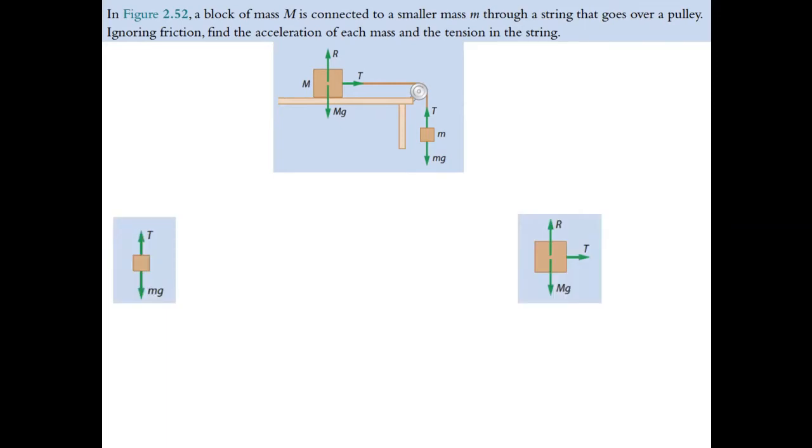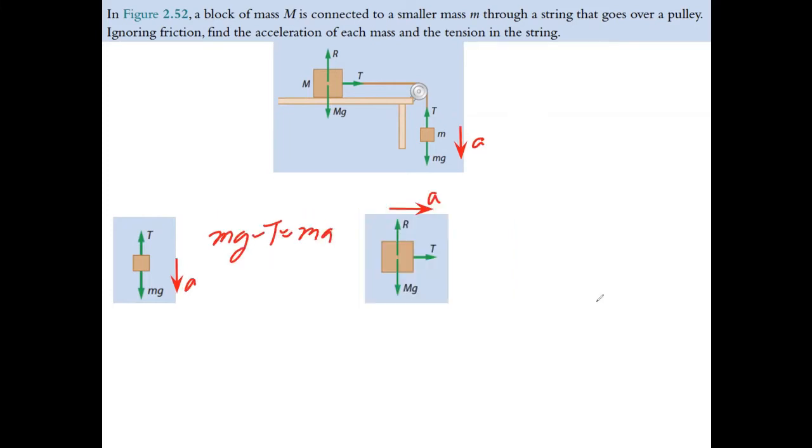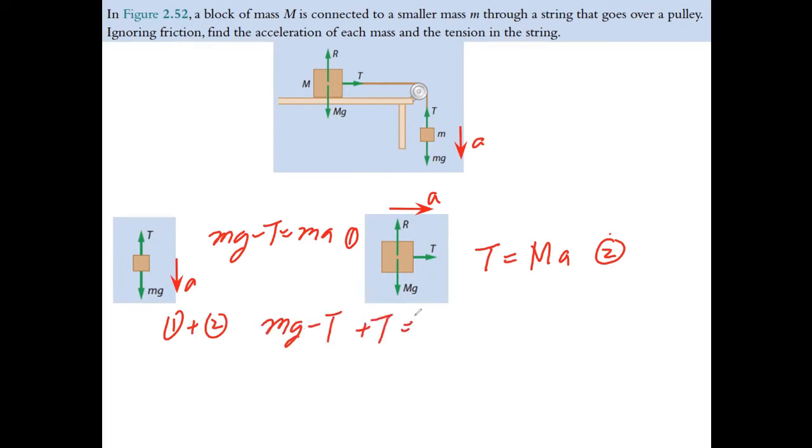The free body diagram shows the forces on the individual masses, taking each mass separately. For the small mass, as it accelerates downward, we have mg minus T equals ma. The large mass accelerates horizontally to the right without friction, so the net force is just the tension, which equals Ma. That is equation 2. Adding the two equations, we get mg minus T plus T equals ma plus Ma, and the T's cancel out.